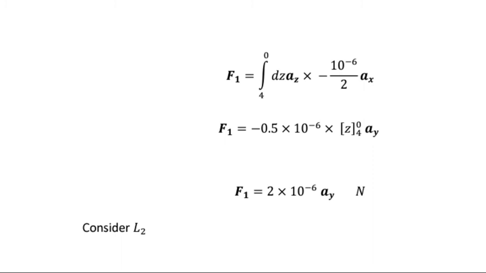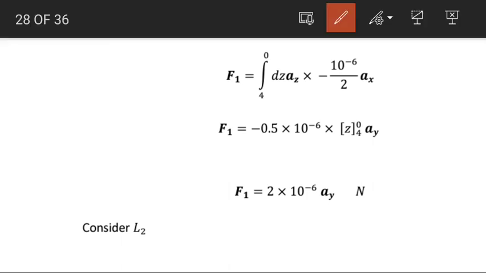We simplify this integration. The integration of dz is z. So F1 is minus 0.5 into 10 raised to power minus 6, times the integration of dz, which is z, with limits 4 and 0, and we know that az cross ax results in ay.